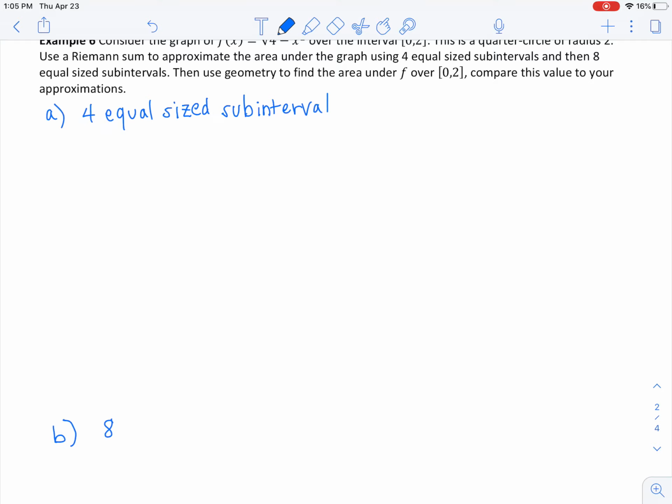Then 8 equal sized subintervals. Oh my goodness. So for that part, we're going to have to draw how many rectangles? We're going to have to draw 8 different rectangles. I don't think I need to write down that these rectangles are going to have equal width, because they are equal sized subintervals, 8 subintervals.